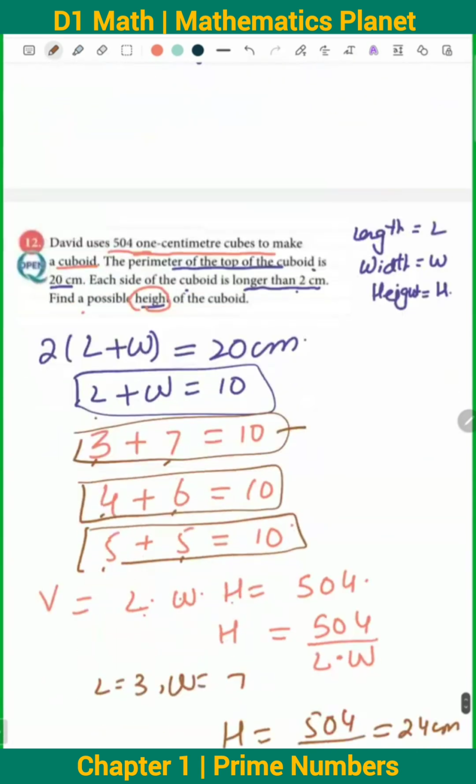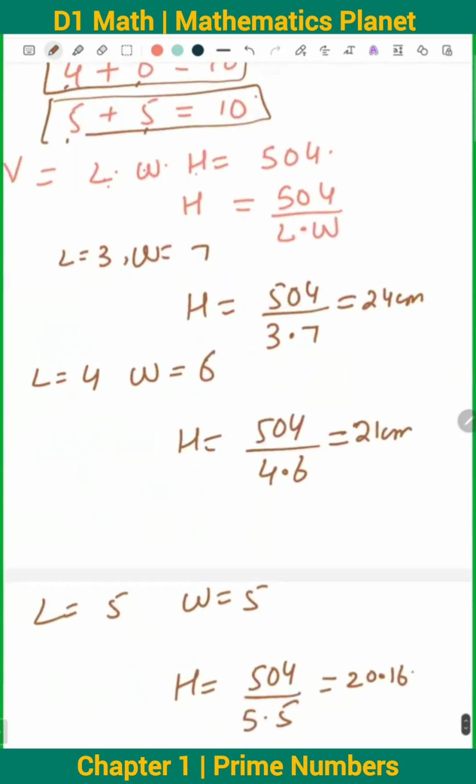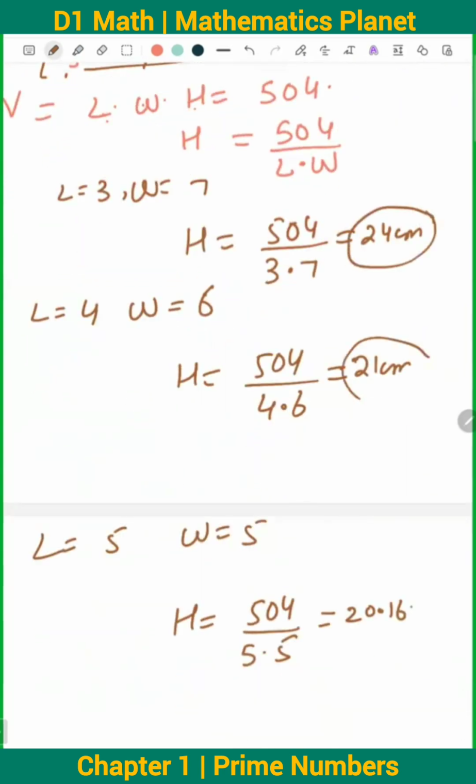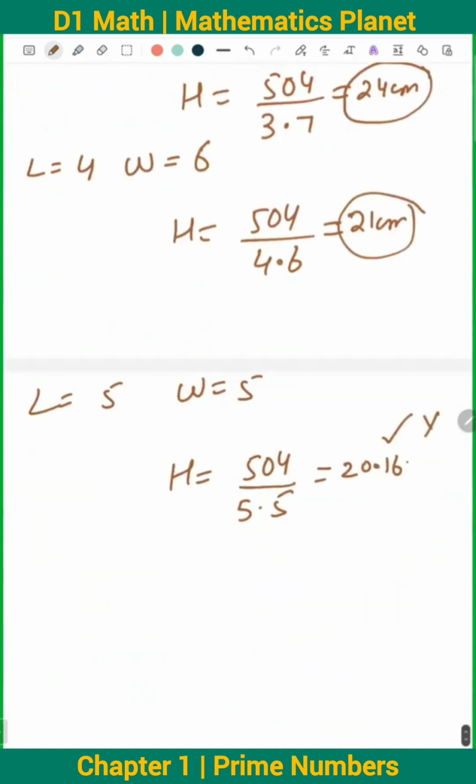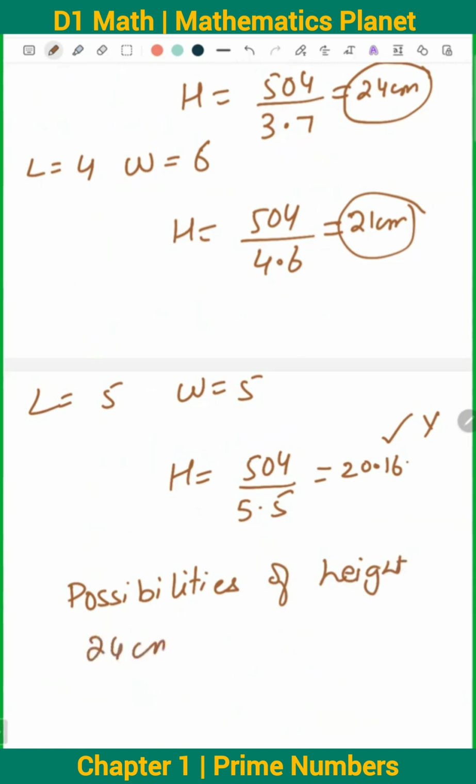So we have only two possibilities: one is 24 centimeter and one is 21 centimeter, because the answer in decimals is not a possibility. So the possibilities of height are 24 centimeter and 21 centimeter.